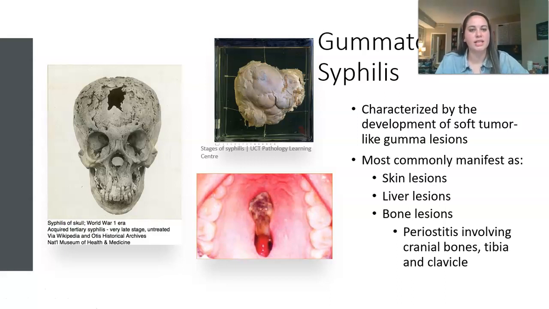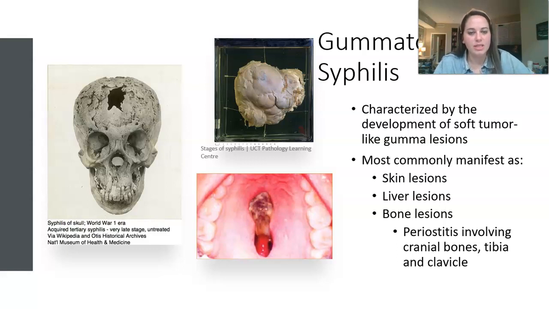So the third type of tertiary syphilis is gummatous, and a gumma can develop between about 1 and 40 years after healing of the secondary syphilitic lesions, and it's characterized by the development of soft tumor-like gumma lesions.